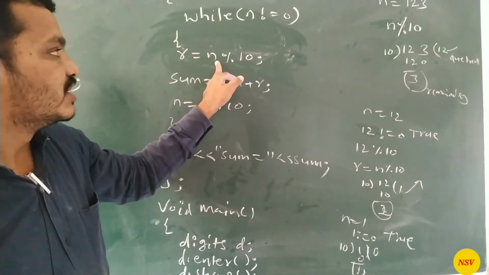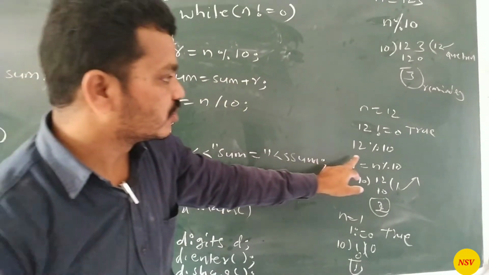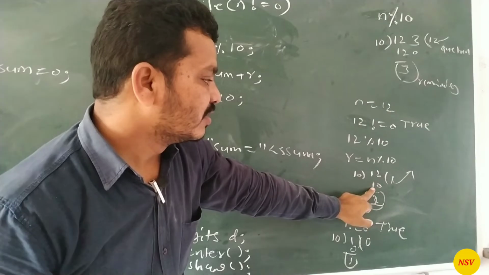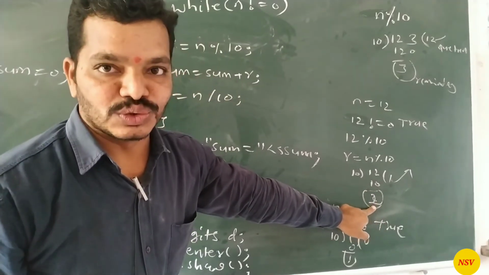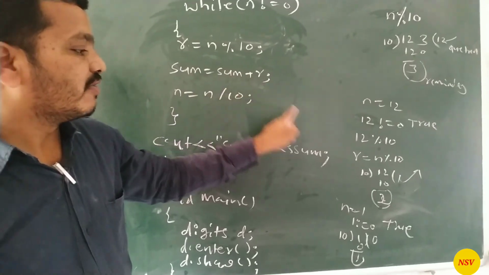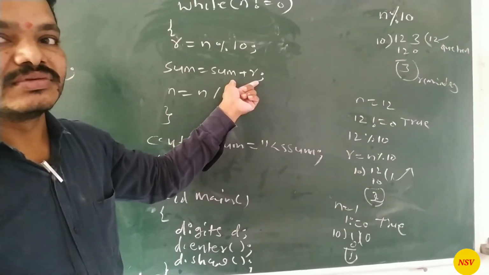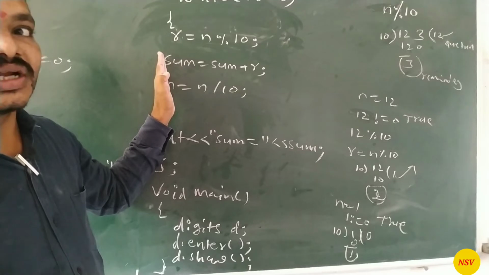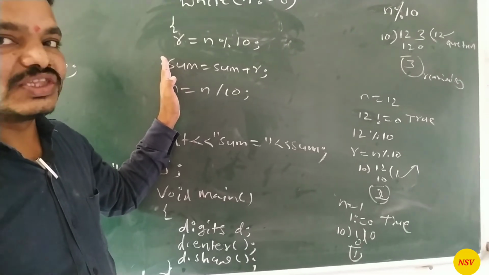Again we use the modulus operator here, and we get the remainder value 2. Already the sum value is 3, and 3 plus remainder 2 is 5. The sum variable now holds the value 5.